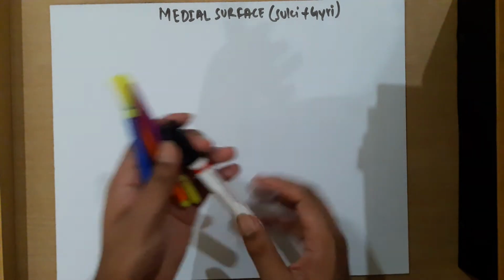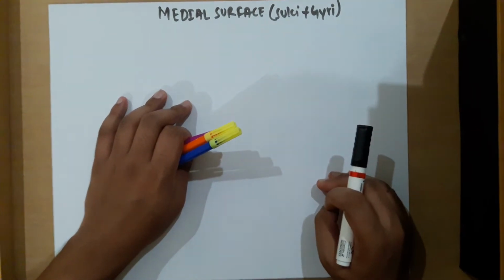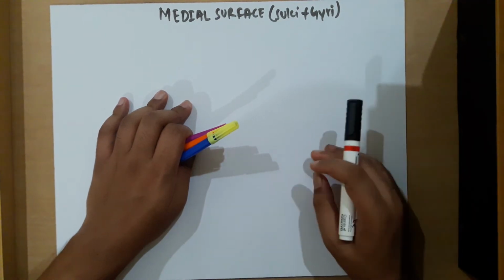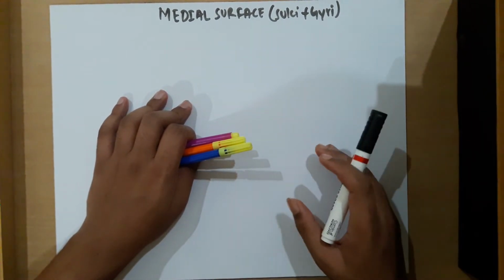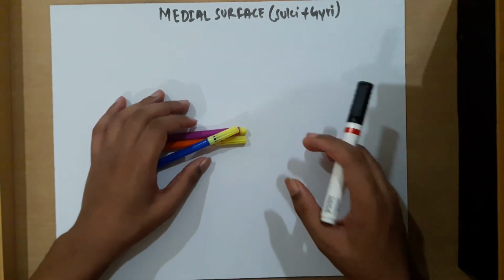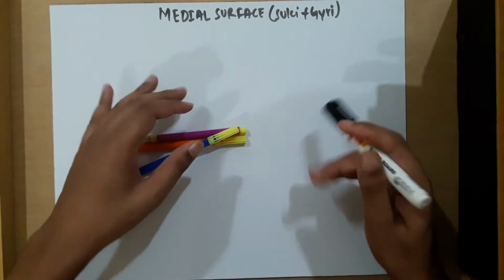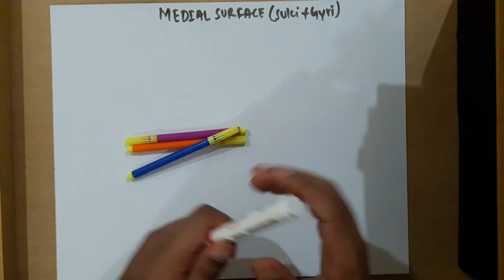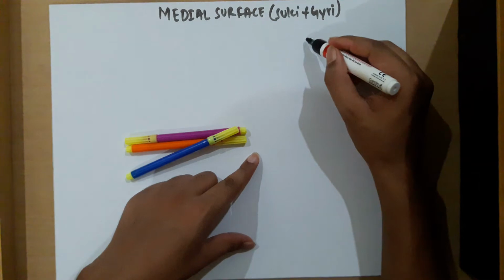Before starting with the sulci and the gyri, I would like to mention a structure, the corpus callosum, which is present on the medial surface. The corpus callosum is a band of white matter which connects the two cerebral hemispheres. It presents four parts, and we should discuss those parts so that we will be a bit clearer.